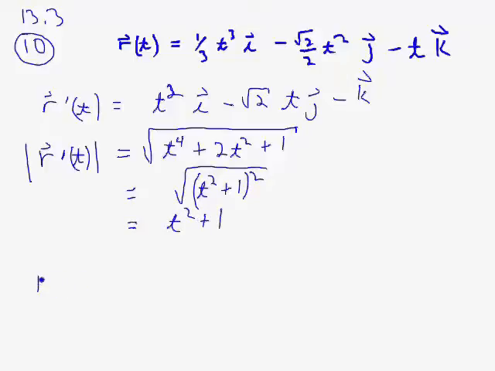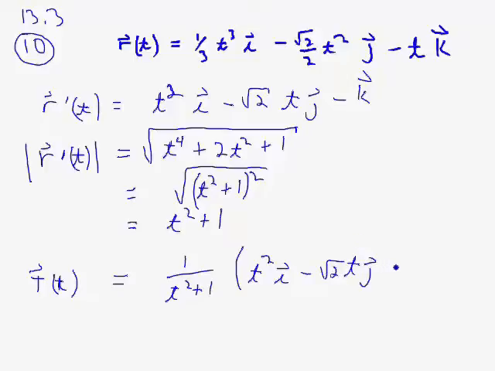So the principal unit tangent vector T of t, let's say, is equal to 1 divided by t squared plus 1 times quantity t squared i minus square root of 2 tj minus k.